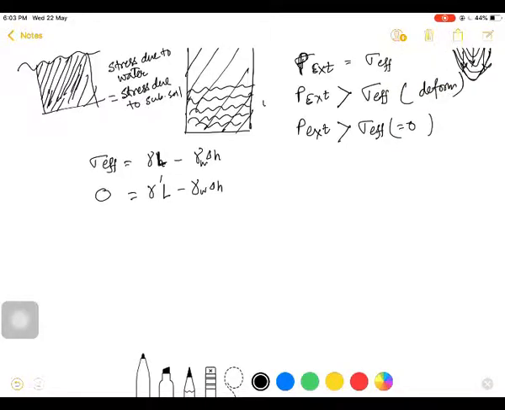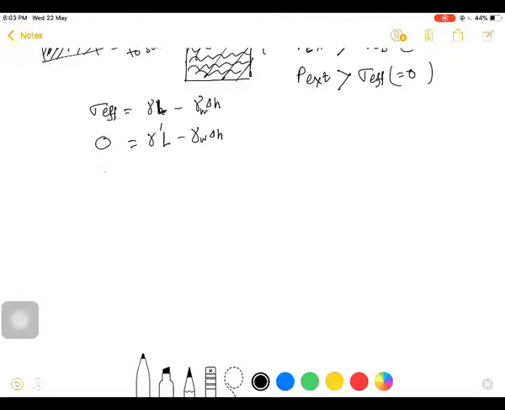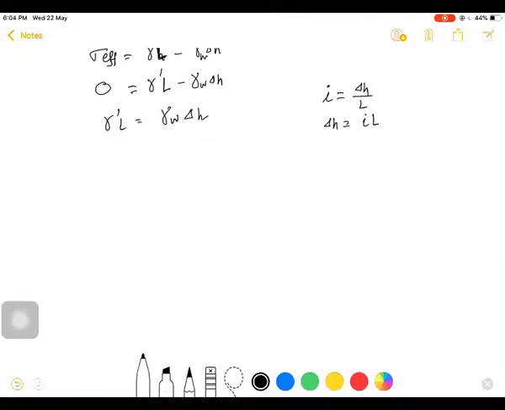I said, when will gamma effective be 0? In quicksand condition the value of gamma effective is 0. So we can write 0 equals this, so gamma dash L equals gamma W del H. We know the gradient i equals del H by L, so del H equals i times L. We can write gamma dash equals gamma W times i, and gamma dash we know is gamma W (G minus 1) by (1 plus e), equals gamma W times i.